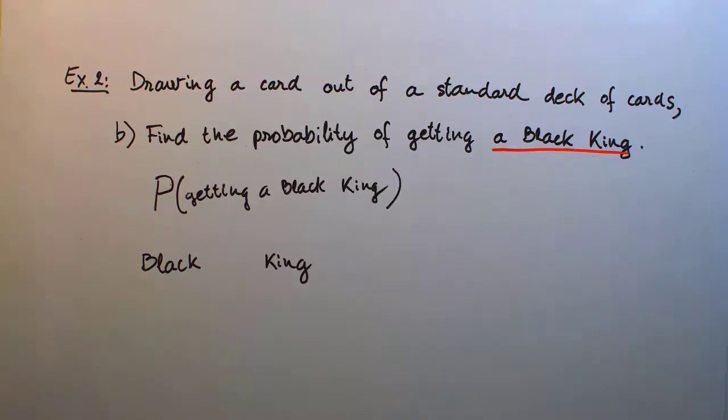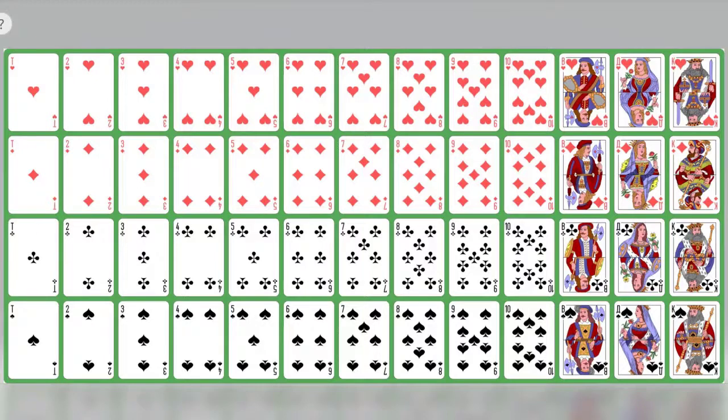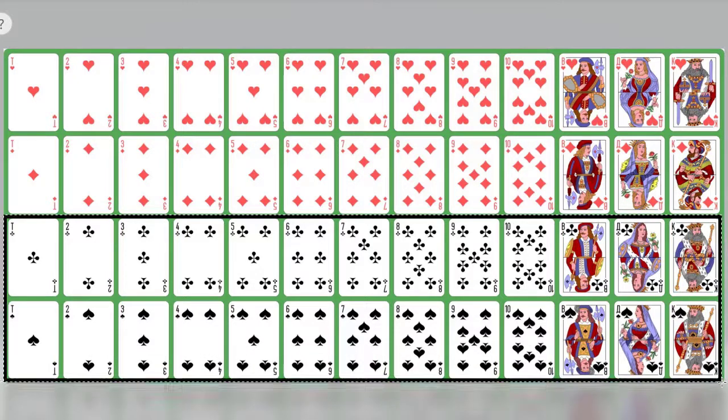Quickly looking back at the cards, being black are all of these cards here in the 2 bottom rows. Those are the black cards, and at the same time we're looking for a king. Among these face cards, we have these cards here, what we call the kings.